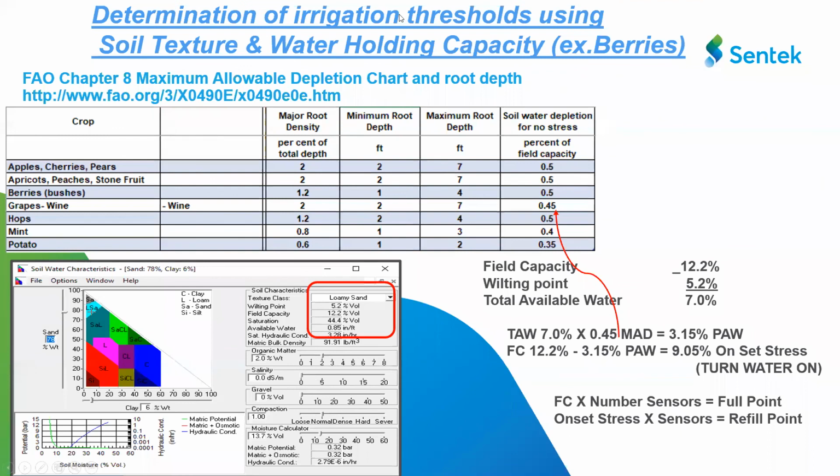And then another example, determination of irrigation thresholds using soil texture and water holding capacity for berries, right? So for example, berries, this is a really good website. This is probably my favorite website. The link is right here from the FAO. And then just going through berries here, it was done for grapevine, sorry, 45%, it's my mistake here. 45% is how much I wanna let my grapes dry out, right?